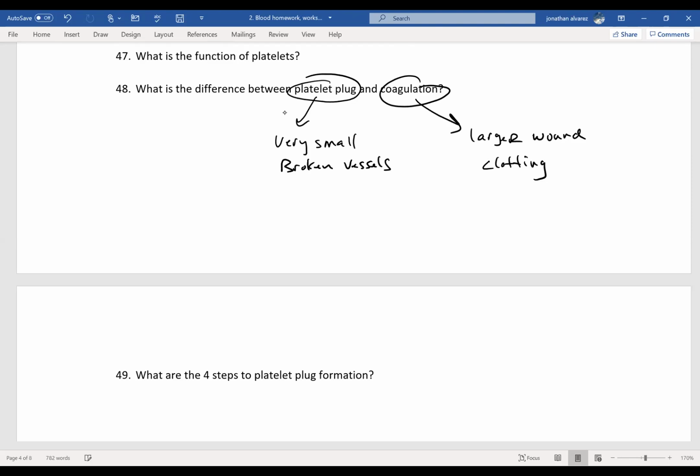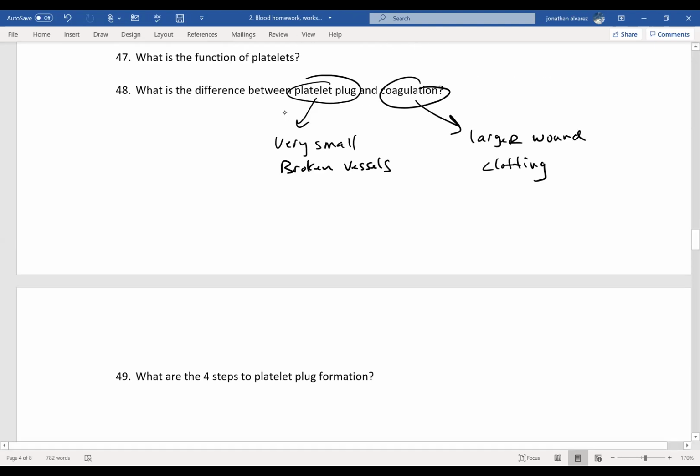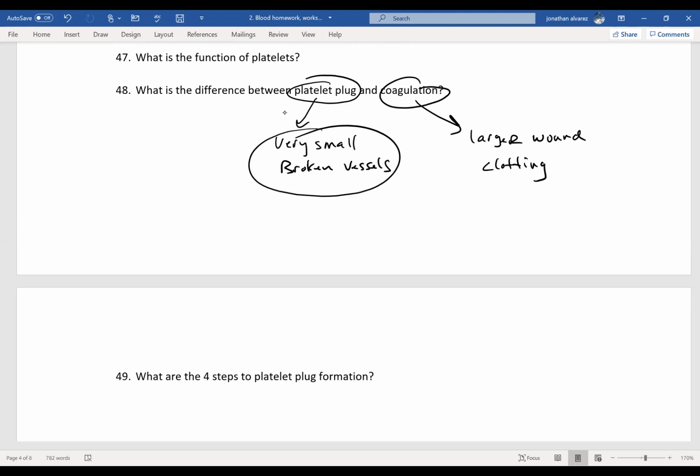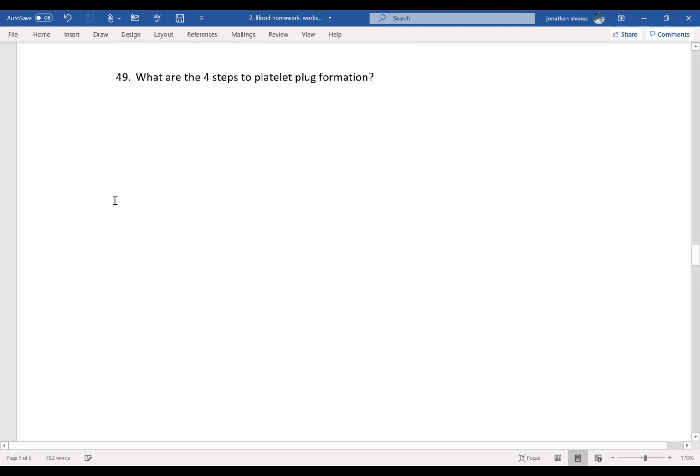Clotting, okay, so the ability of the body to stop bleeding, either super tiny stuff or larger wounds, is coagulation.